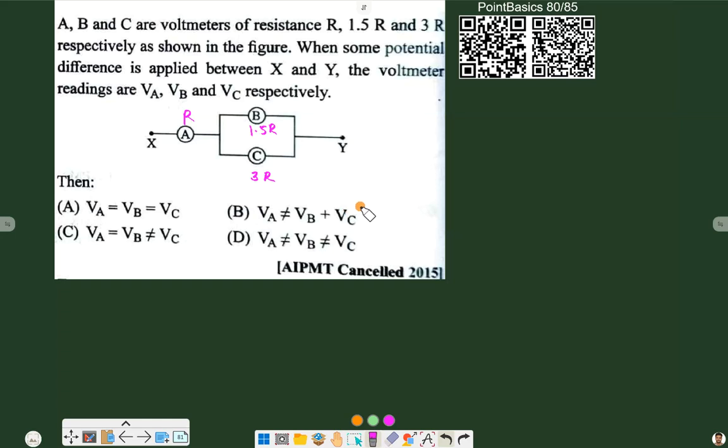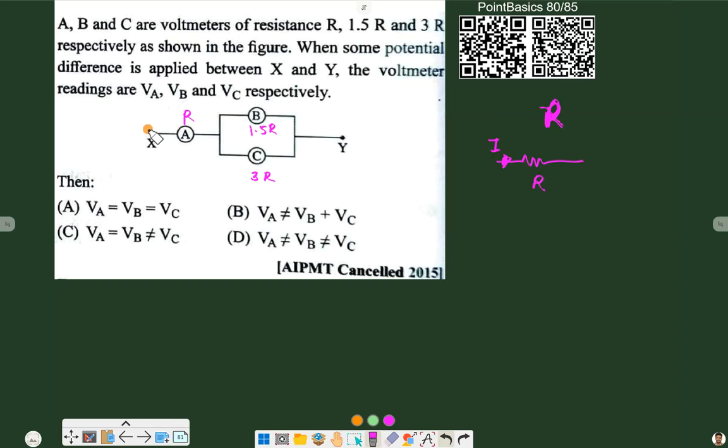Now what will happen? A voltmeter measures the value across its own resistance. If a voltmeter has a resistance R, it will measure a value equal to the potential difference developed across a resistance R with some current I flowing through it.